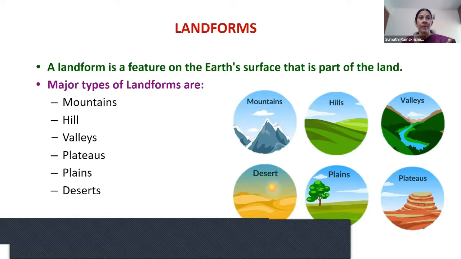Why not mountain? Surely they will tell Himalayas. Yes, Himalaya, they will say, because in class 4 they learn about the mountains. That's why I said, imagine this is for class 5. In class 4 they are learning about mountains, deserts, plateaus.